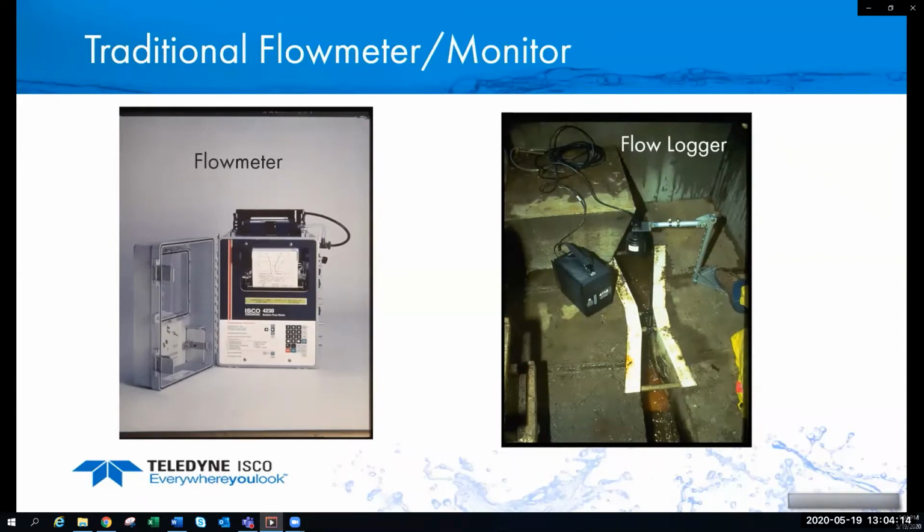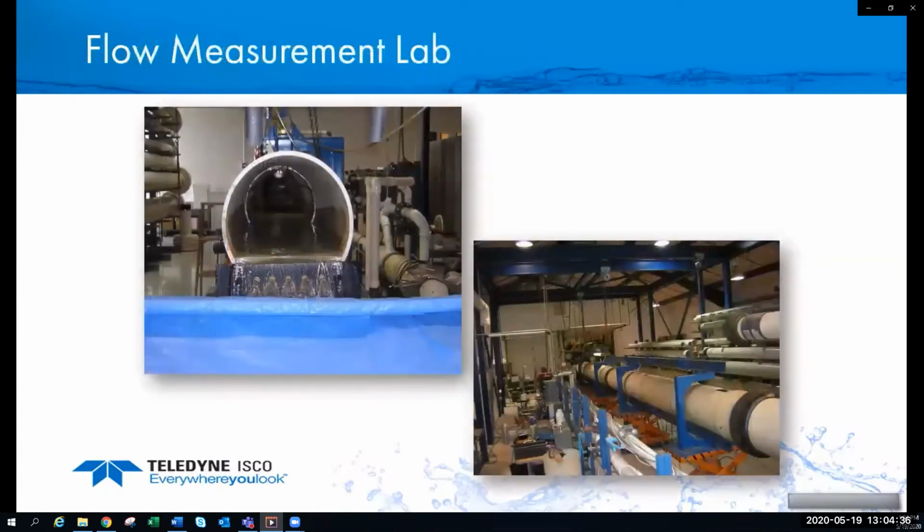The one on the right is what we call a flow logger, and that style was designed to wake up, take a snapshot, and go back to sleep. Those are used in applications where you want long battery life and you don't have a lot of power available. Those are some of the differences between the traditional flow meters and flow monitors that you might have seen in the past.